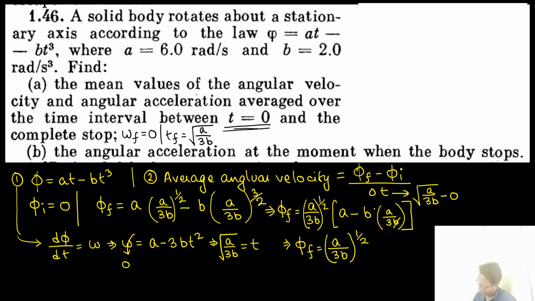Out here b and b would get cancelled. So a minus a by 3 is nothing but 2a by 3. Let's write this neatly out here: 2a by 3.